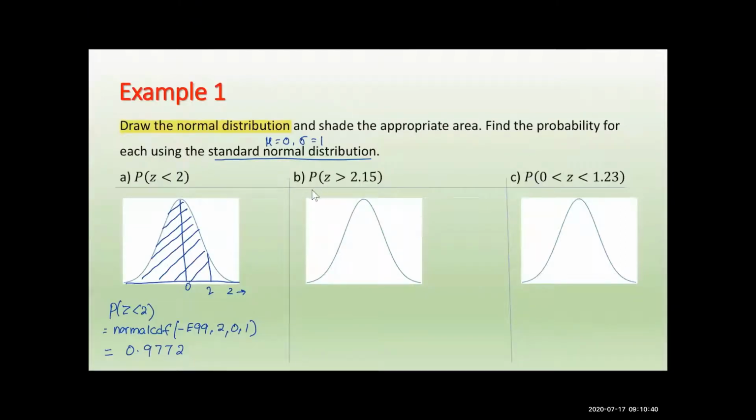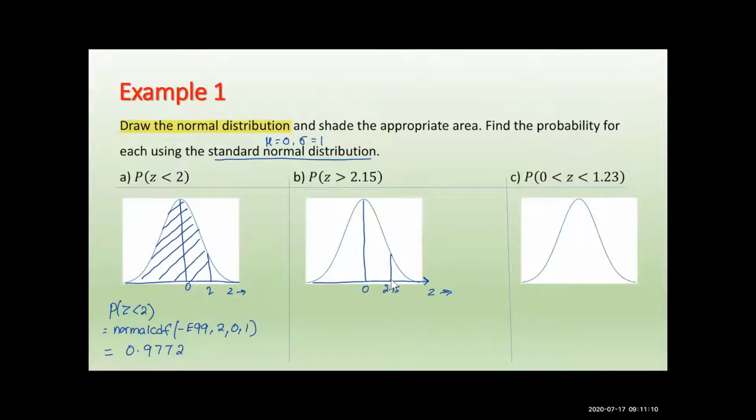Now part B. In part B, we have to find the probability that z is more than 2.15. So along the x-axis, as I mentioned, you have the z-score. Mean of 0 is in the middle. So your 2.15 will be somewhere here. We have to find the probability that the z-score is more than 2.15.